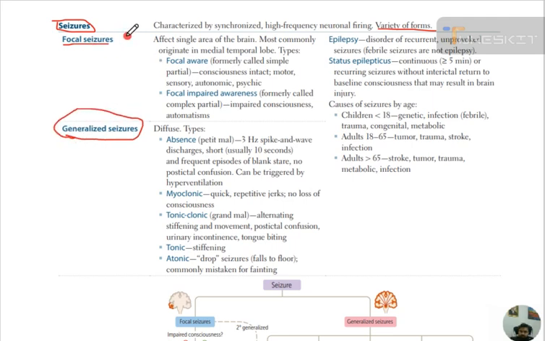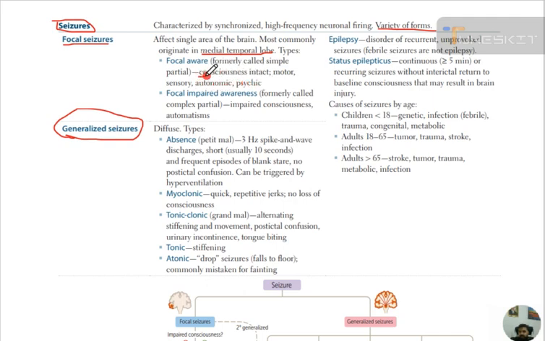So what are focal seizures? They affect a single area of the brain, most commonly originating in the medial temporal lobe. This is the important thing. So types. Focal aware, formerly called simple partial seizures, consciousness intact, motor, sensory, autonomic, psychic.